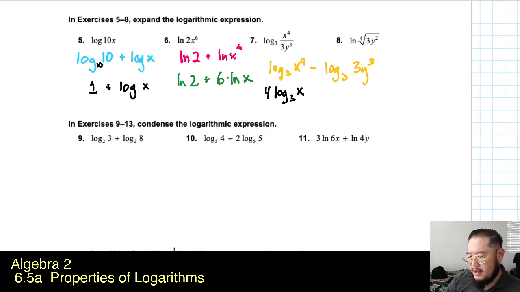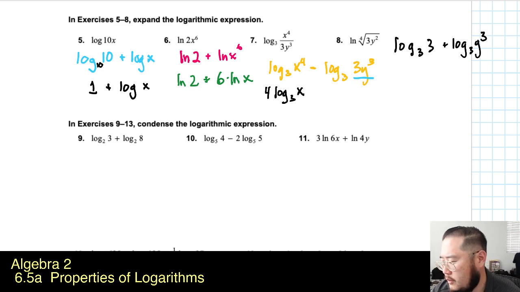Think about it. Right there, we do have, let me choose a different color. If we look right there, that 3y to the third power, I can go ahead and rewrite that. Because think about it. That's multiplying. We got ourselves product property right there.